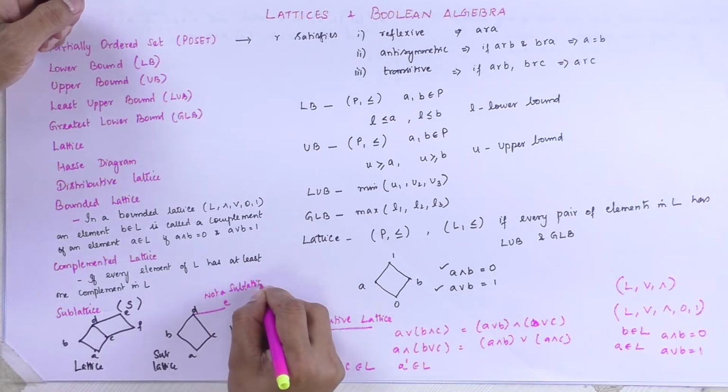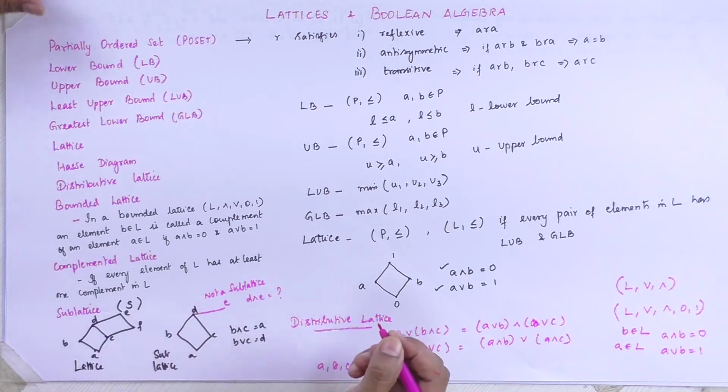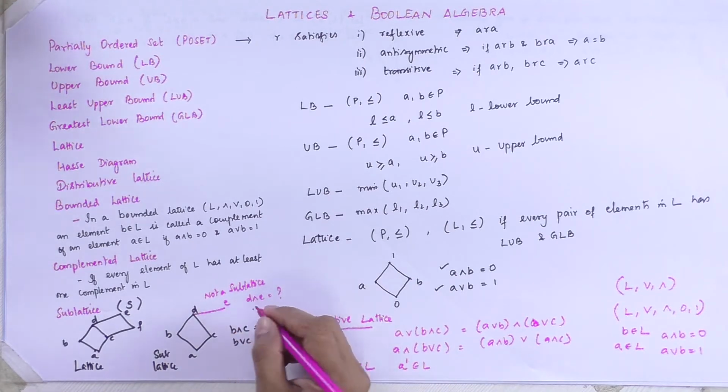Why it is not a sublattice is that, see here, for D and E, I don't have the lower bound. So that is why this is not a sublattice. Understood now? Each and every pair of that subset should also have a least upper bound as well as the greatest lower bound. So that is called the sublattice.